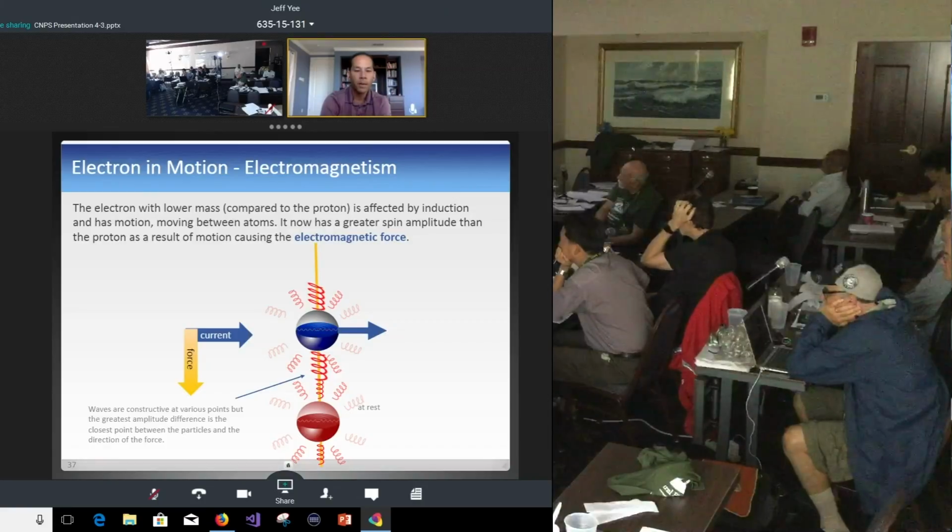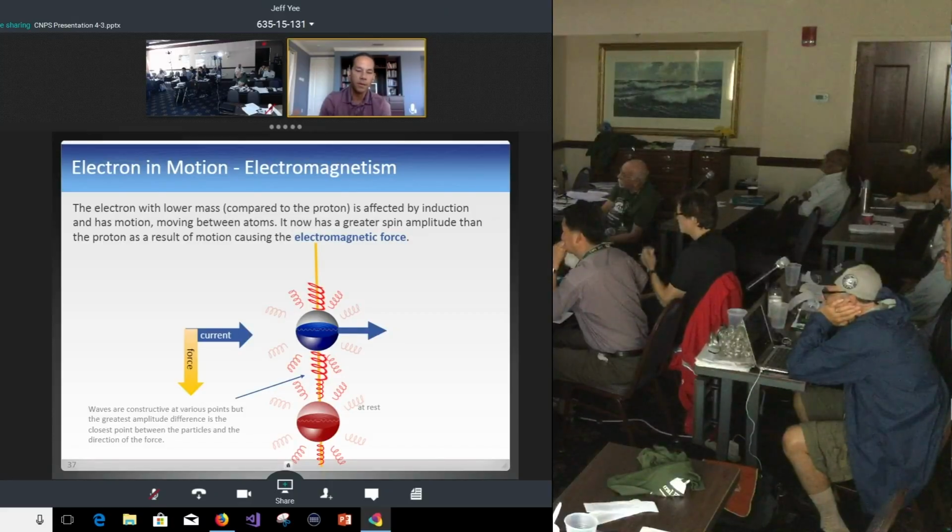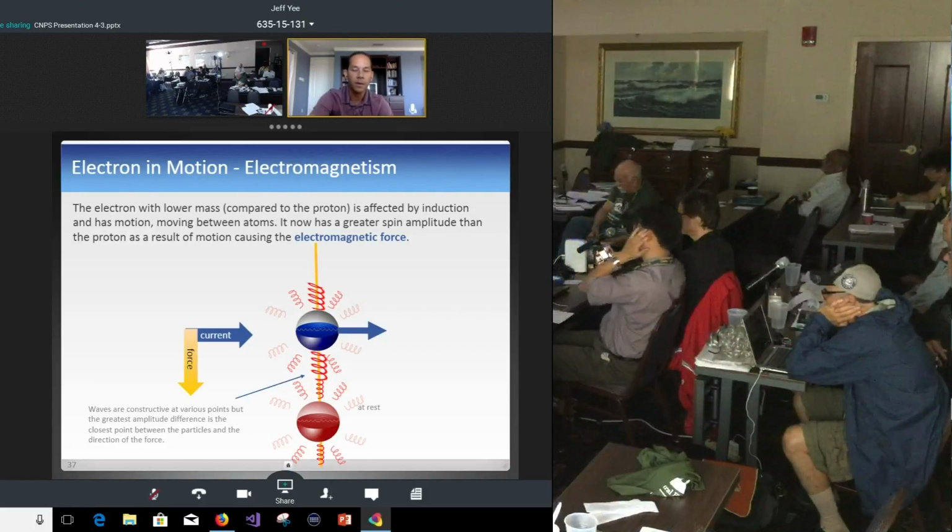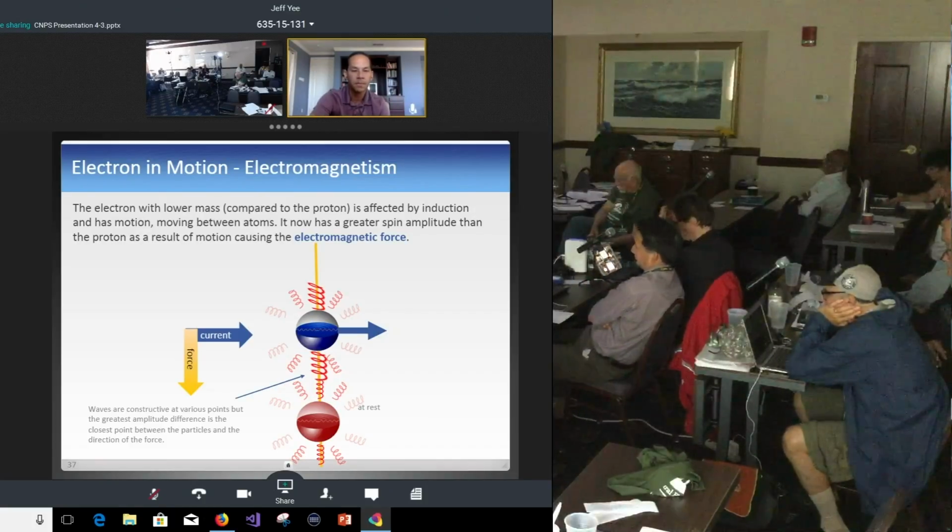The electromagnetism, the direction of the current, you can see goes from left to right, but now as a particle spins, you saw from the fourth law that we did the relationship for faster spin from the centrifugal force, it now has a higher wave amplitude because the energy of that spin is higher.